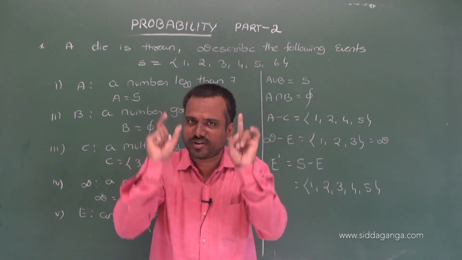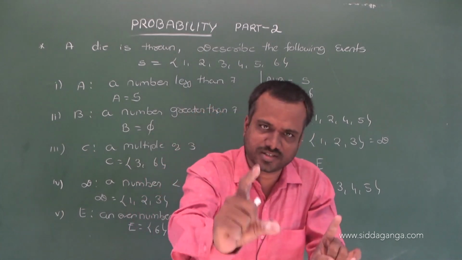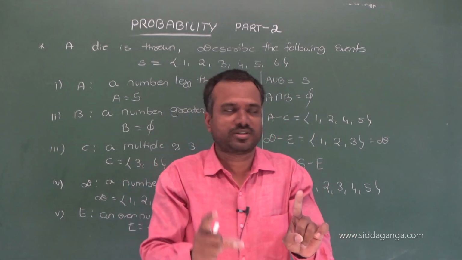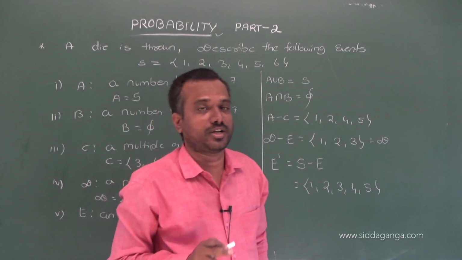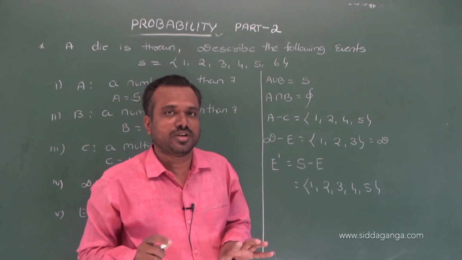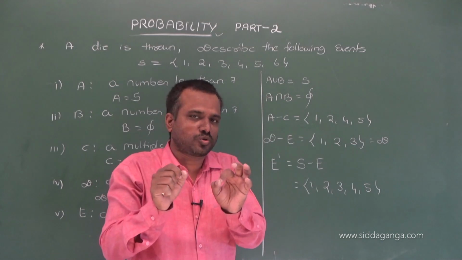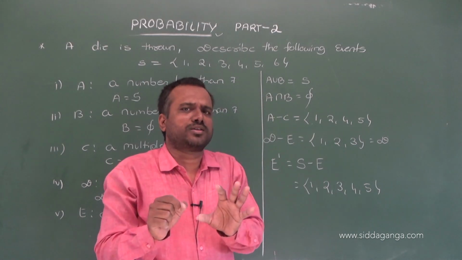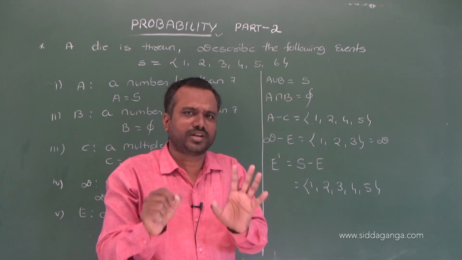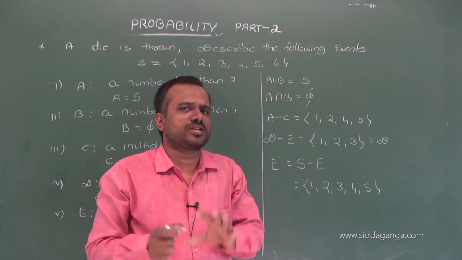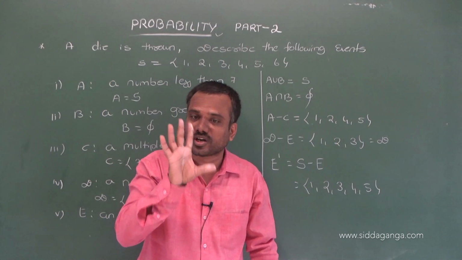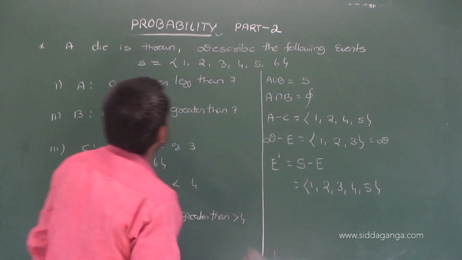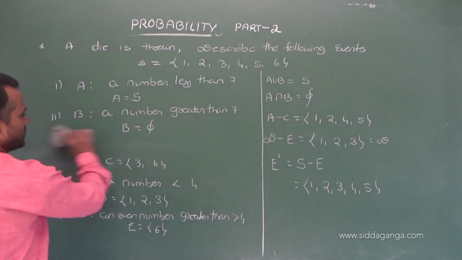If you know very well how to write the sample space and the event, then probability is a very easy chapter. That's why I explained all these things. So to perfect the concept, better to solve those two exercises in the first PUC very well. Okay, so we will go for the next concept.